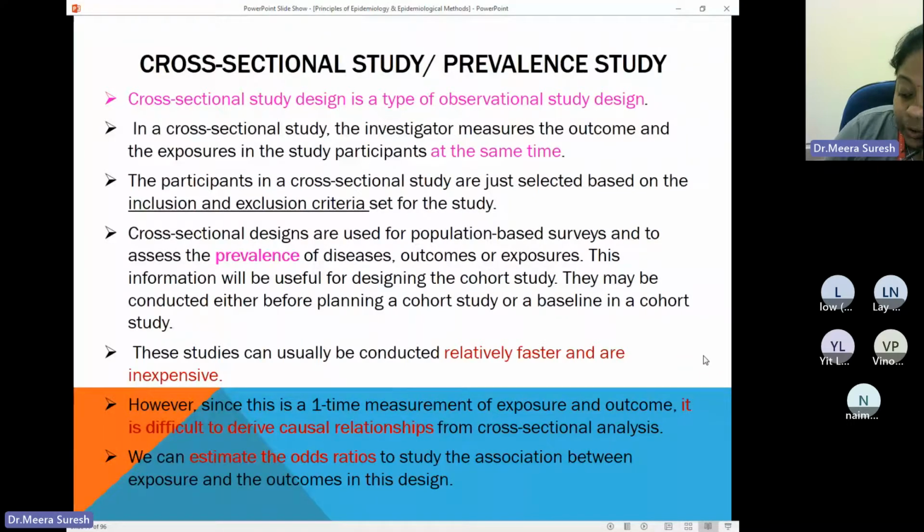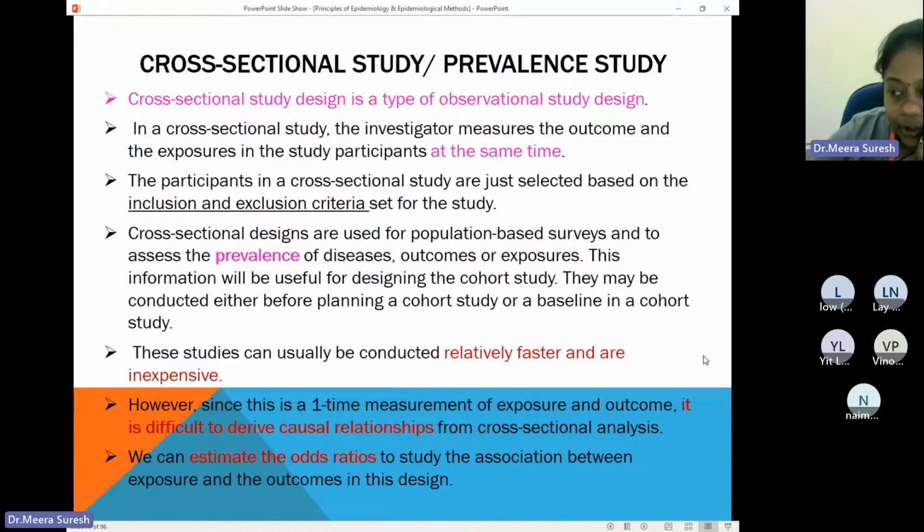So when you do that, you see that diabetes mellitus is more commonly seen in a particular age group, maybe above 40 years or 50 years. So then you want to study how these people develop diabetes mellitus.